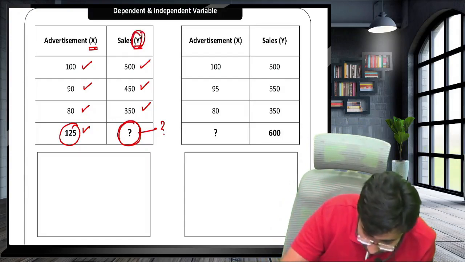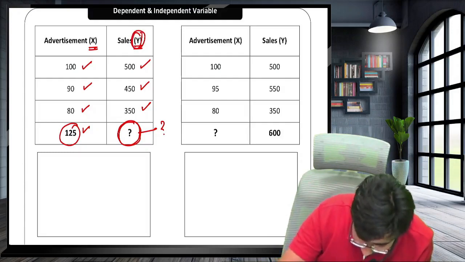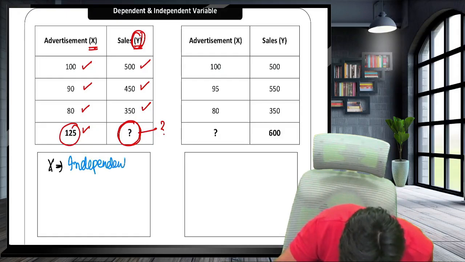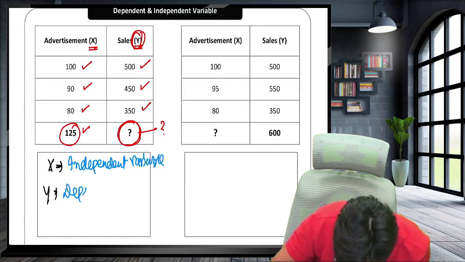Guys, the variable X is independent and Y is dependent.